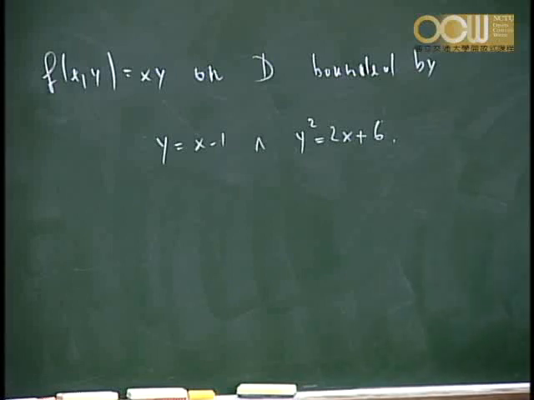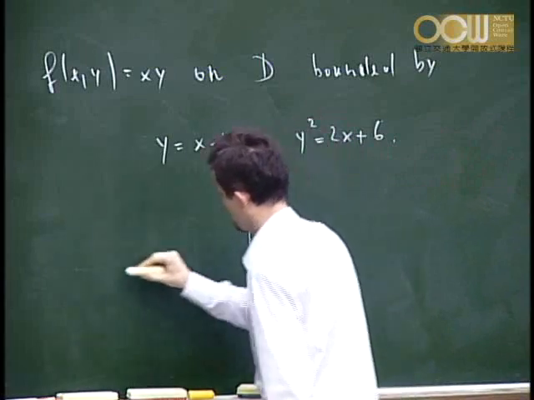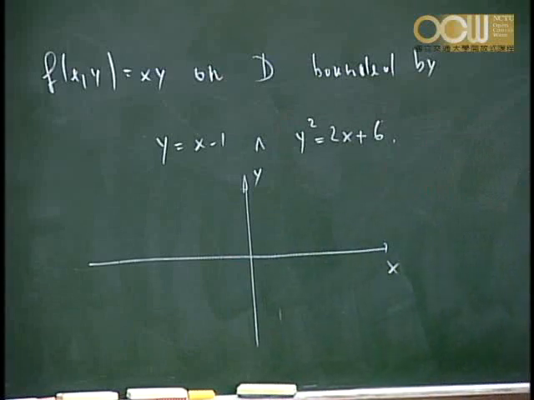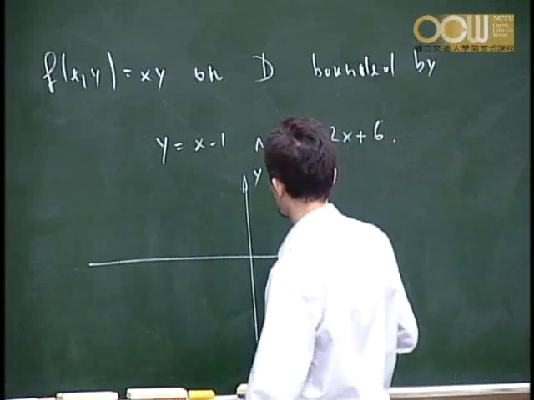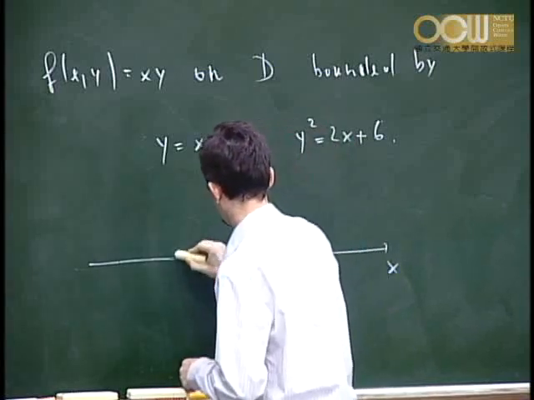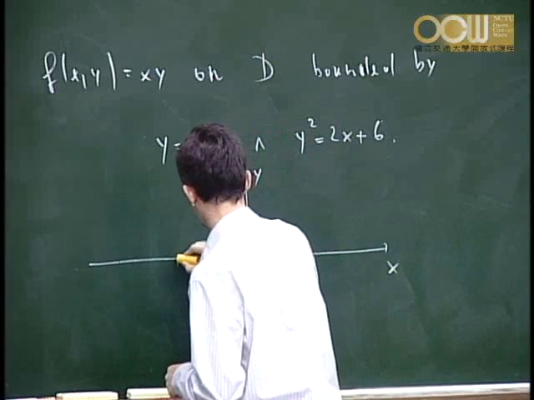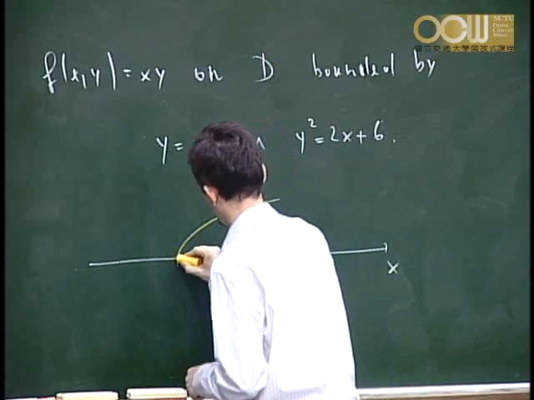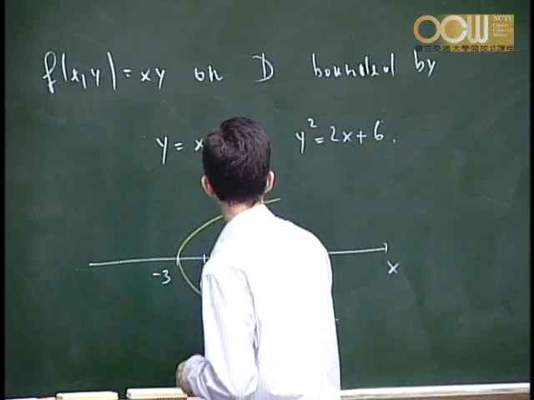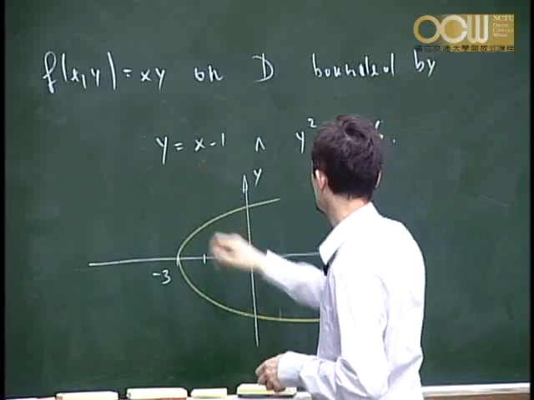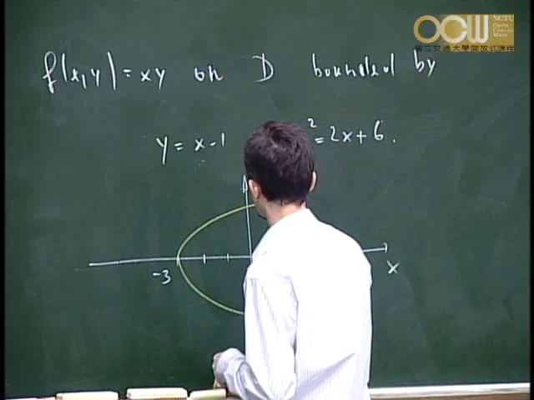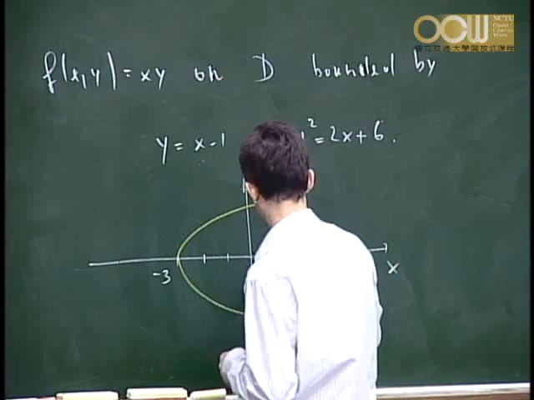So we have here a parabola. This is y. So you have this parabola, this here is -3, and you have this line here. So 0, -1. Okay, then roughly.